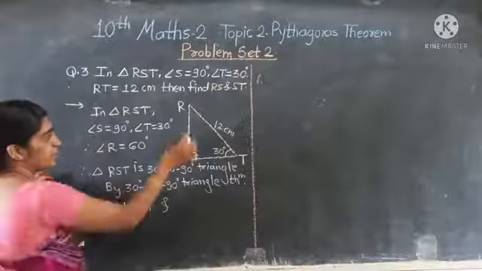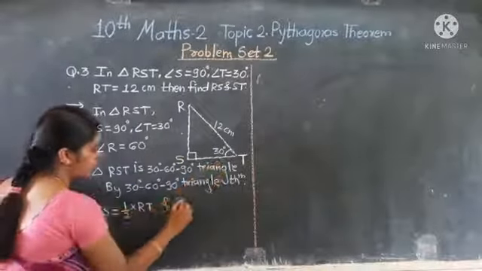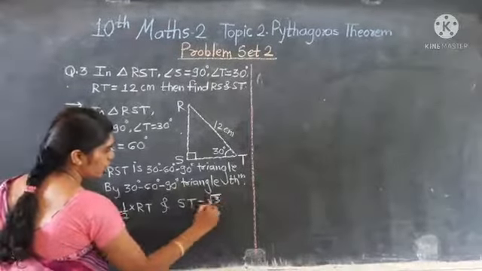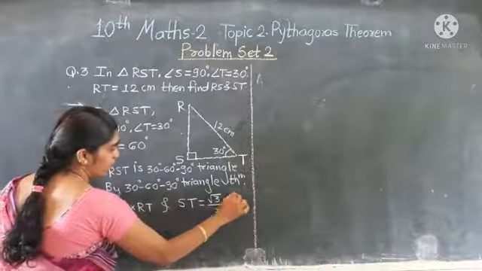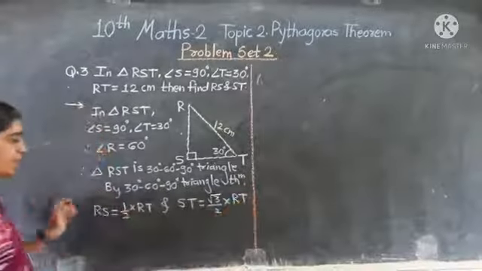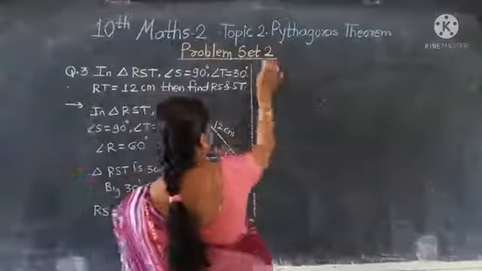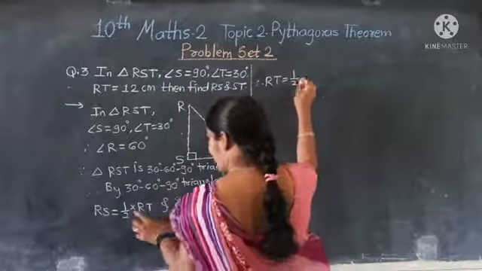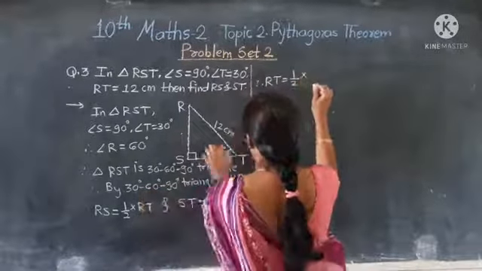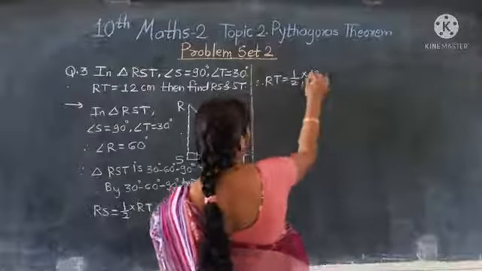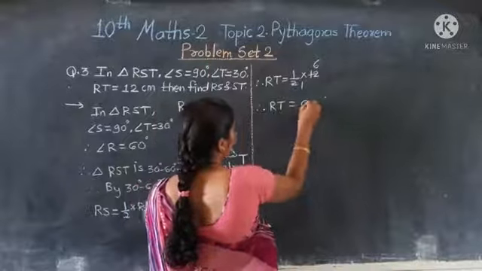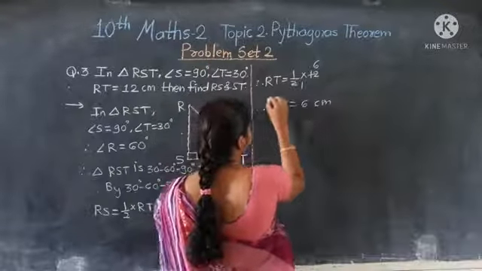And the side opposite to 60 degree is ST. ST is equal to √3/2 into hypotenuse. Hypotenuse is here RT. So you write here, RS is equal to half into 12. 2 ones are 2, 2 sixes are 12. Therefore, we get RS as 6 centimeter.